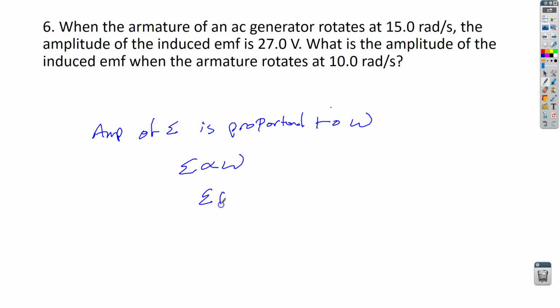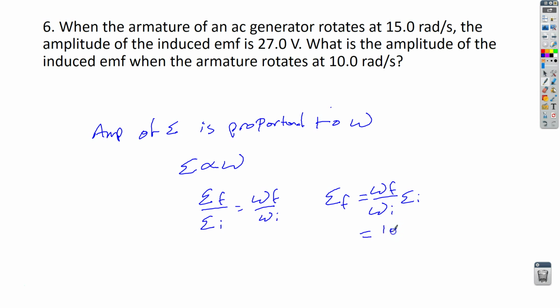So we can say that the final EMF over the initial EMF is equal to omega final all over omega original. Now we can say the induced EMF is equal to the angular frequency final over the angular frequency original times the original EMF.